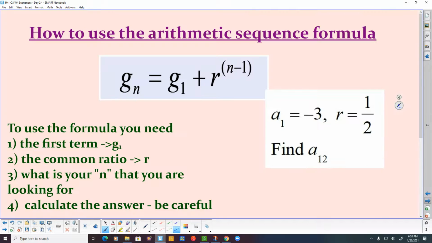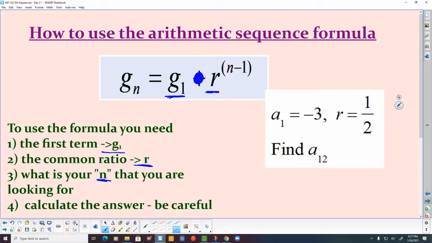Last step, how to use the formula to find some term. Remember, this is supposed to be a times symbol, not a plus. It didn't transfer well. To use the formula, you need G1, that's right here. Then you need the ratio, which we figured out how to find a couple pages ago. You need to know what n is.